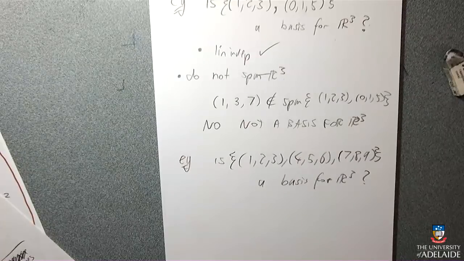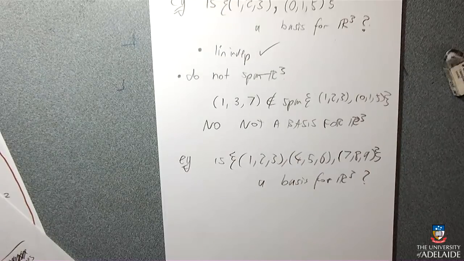Has someone seen something? So can some people tell me what they're trying to do? See if they're really independent, and how are you trying to see that? Seeing if one's a combination of the other two.